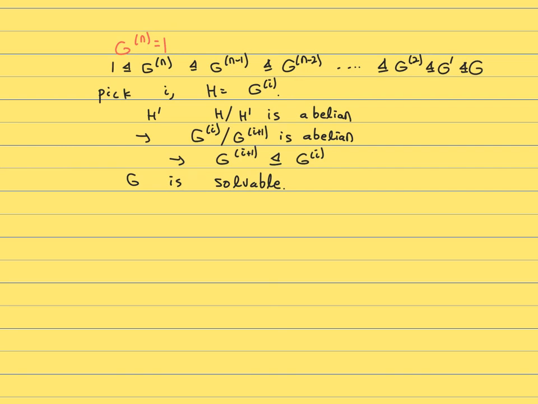So the whole point is that if your group is going to be solvable at all, one of the ways to get a normal series whose pairwise quotients are abelian is to take the derived series. And that's going to be the one that always works. As we'll see in the next video, this actually allows you to prove some pretty powerful theorems about solvable groups.